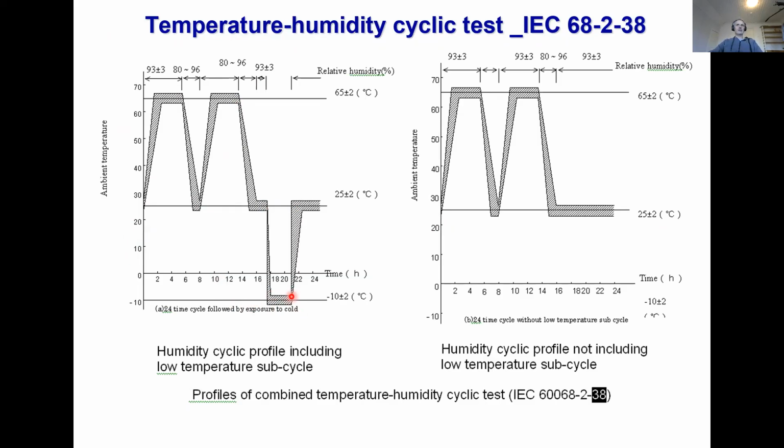The obvious purpose for this is that first you get the condensation, and then you get ice formation, and that could be a mechanically really rough test: if moisture goes inside the product and then you form ice, we all know that the volume of ice is much larger than the volume of liquid water.